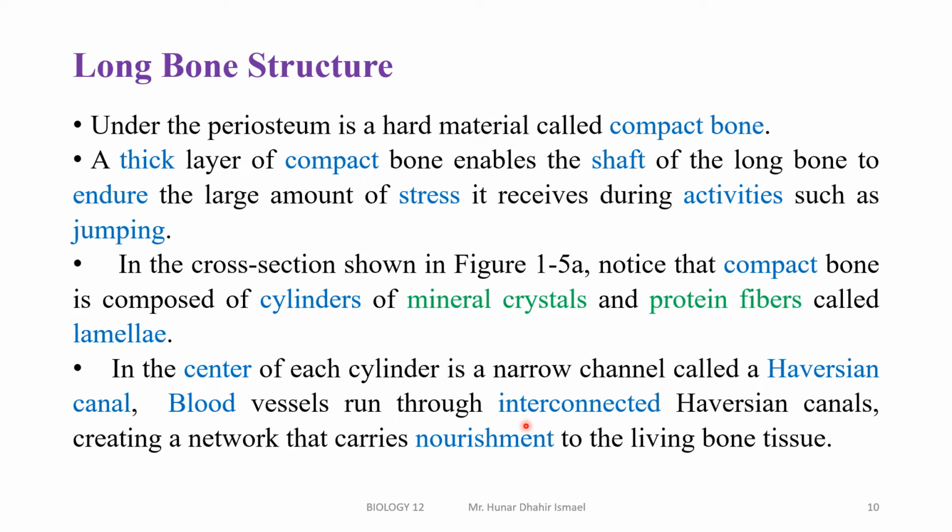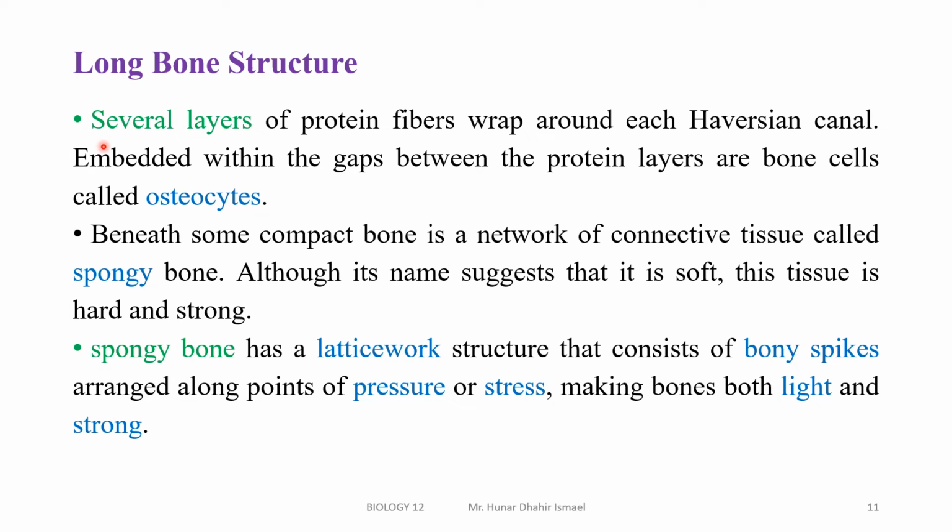Blood vessels run through interconnected Haversian canals, creating a network that carries nourishment to the living bone tissue. Several layers of protein fibers wrap around each Haversian canal. Embedded within the gaps between the protein layers are bone cells called osteocytes.